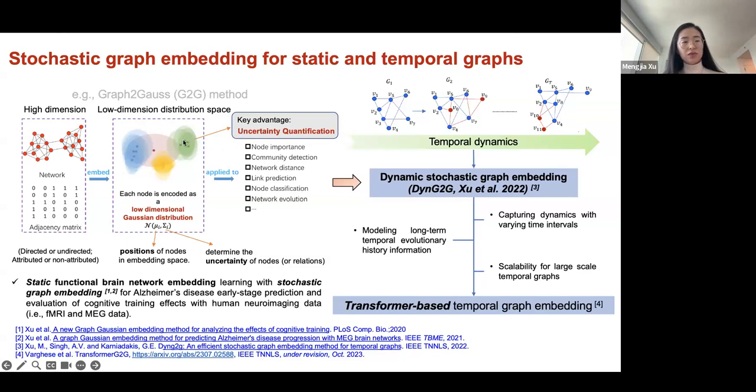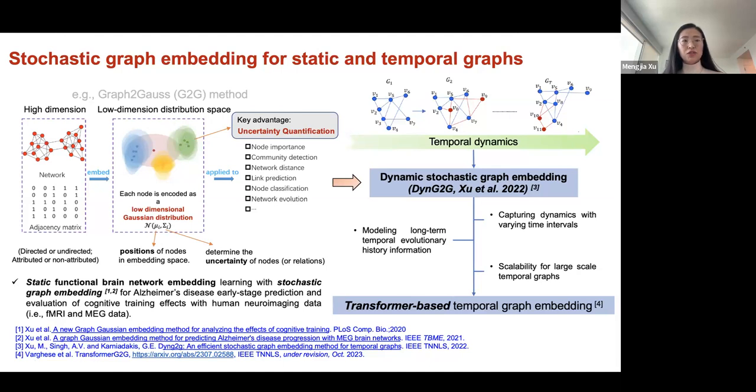For each graph node, the dot here shows the mean vector, while the standard deviation shows the uncertainty.